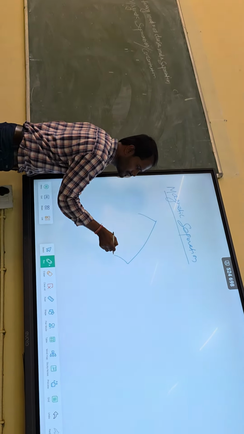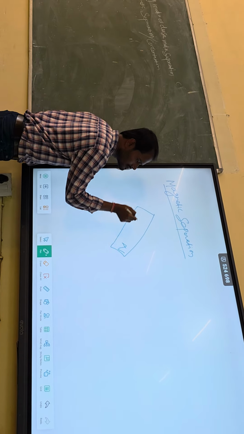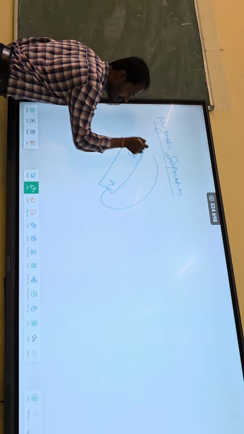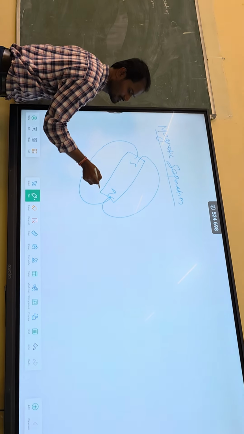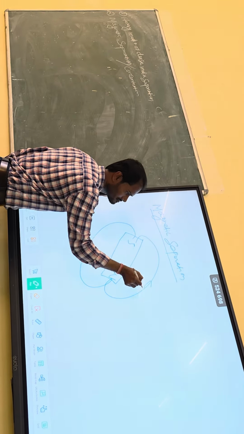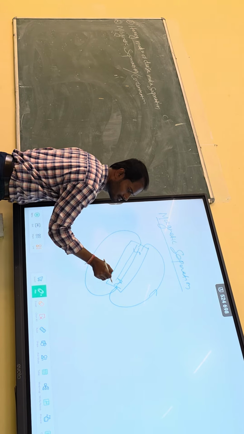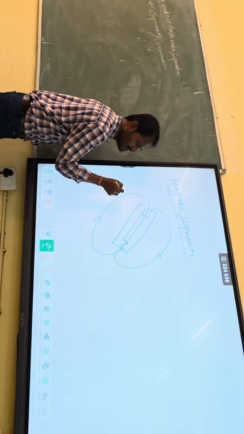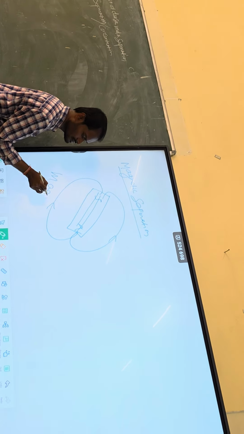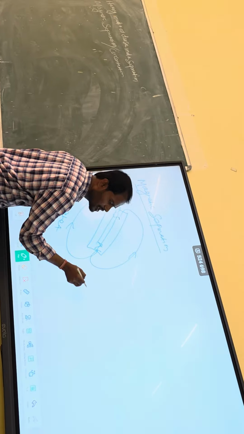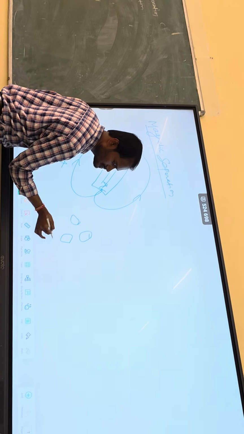So I can say, for example, I have a magnet. So this is a magnet, for example. So I will keep minerals, many minerals.